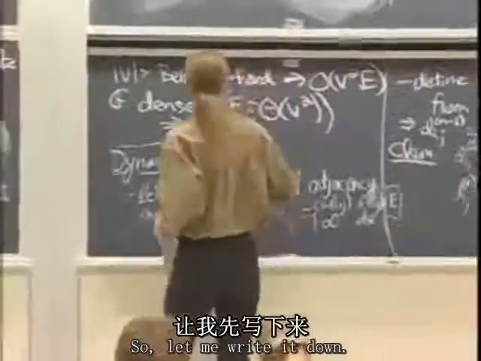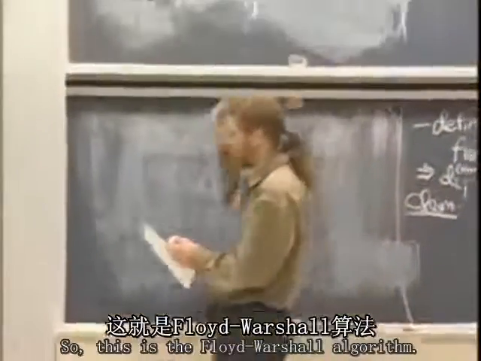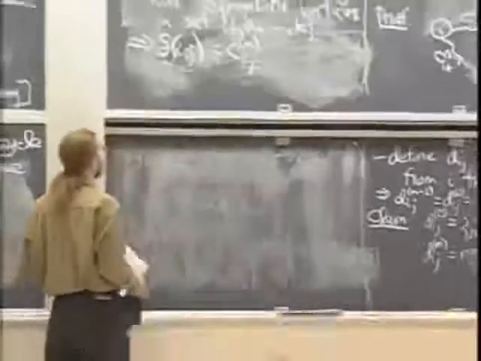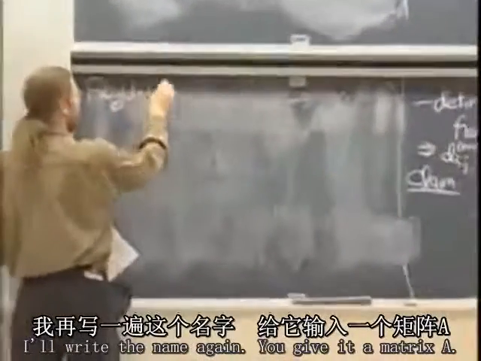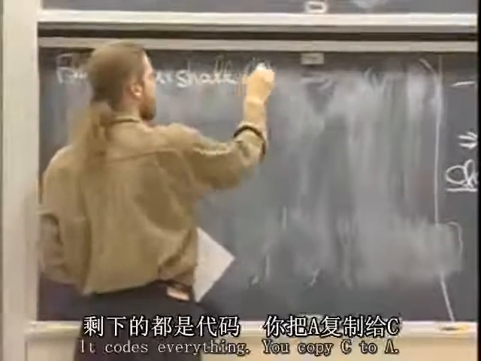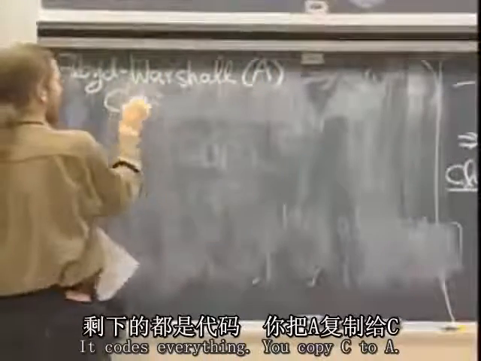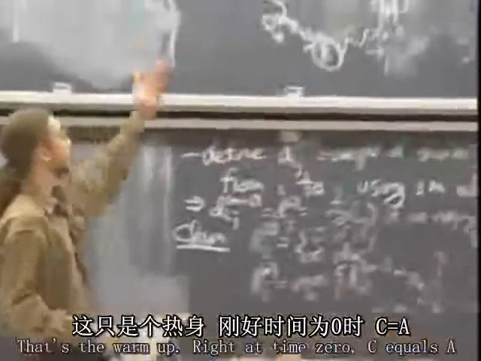So let me write it down. So this is the Floyd-Warshall algorithm. You give it a matrix A. That's all it really needs to know. It encodes everything. You copy C to A. That's the warm-up, right?